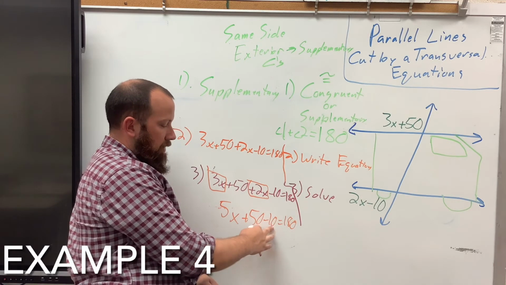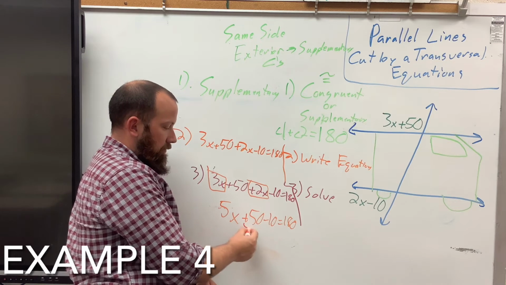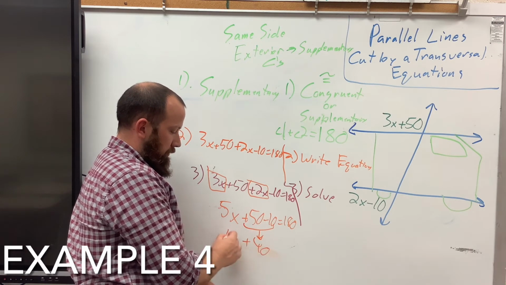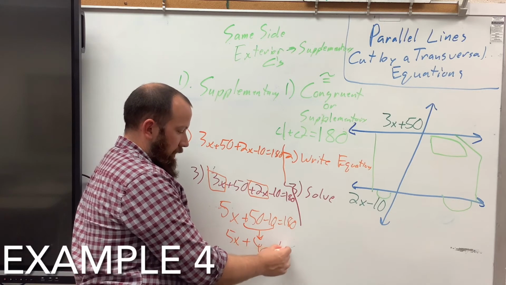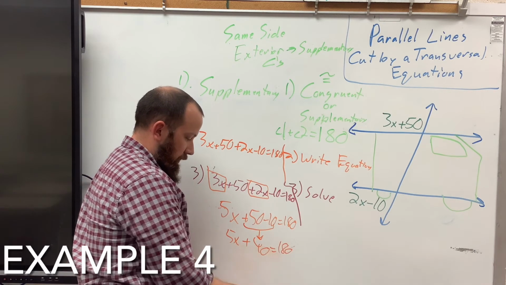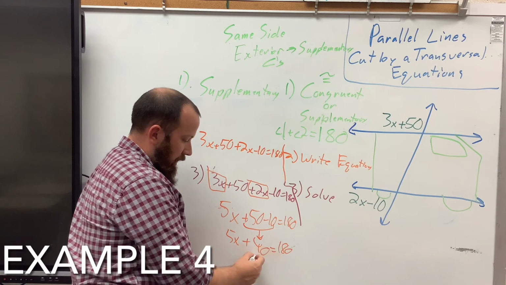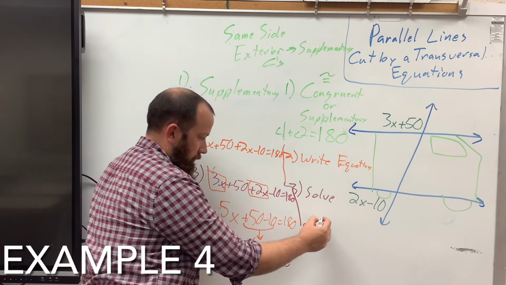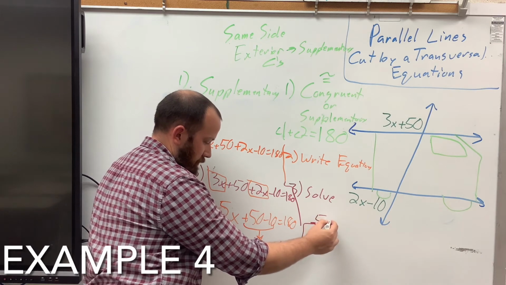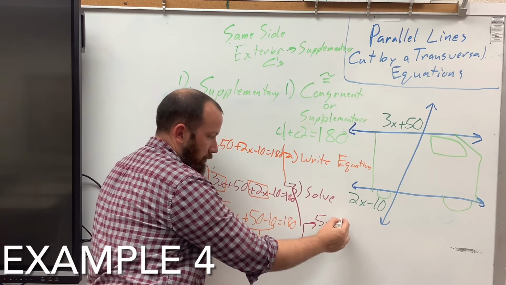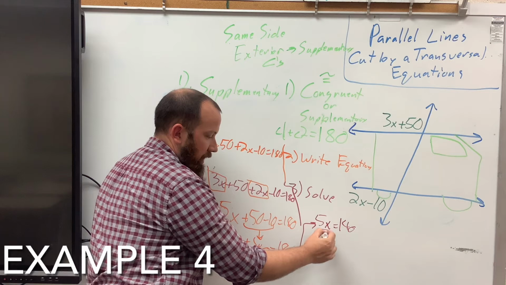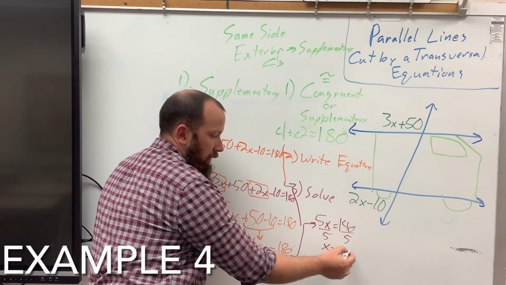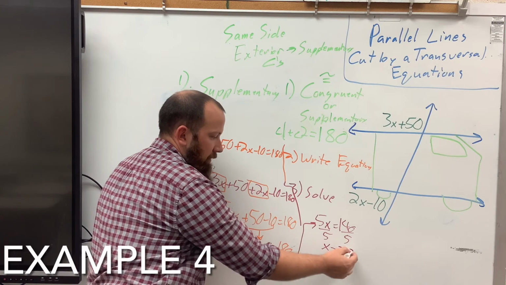Now I still have like terms, 50 and -10. Combine those to make 40. Then minus 40, 5x equals 140. Divide by 5, divide by 5. X equals 28.